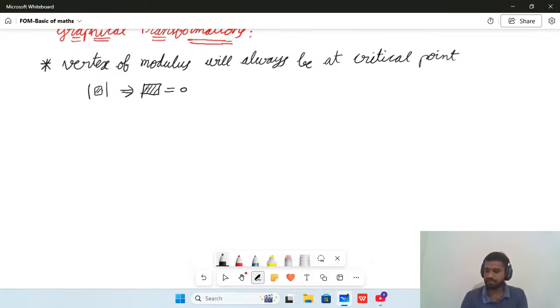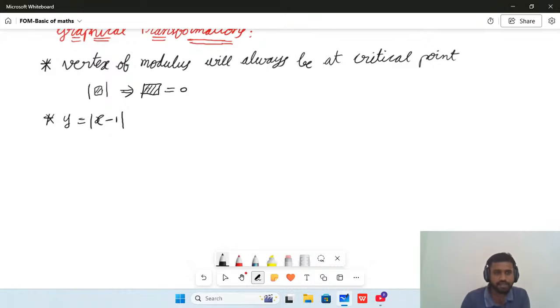First we will see the graph of y equal to modulus of x minus 1. How to draw this graph? First of all, tell me the critical point.